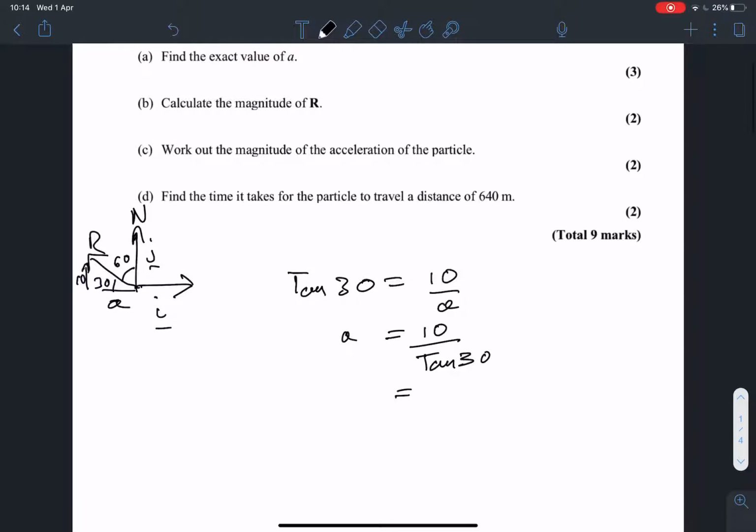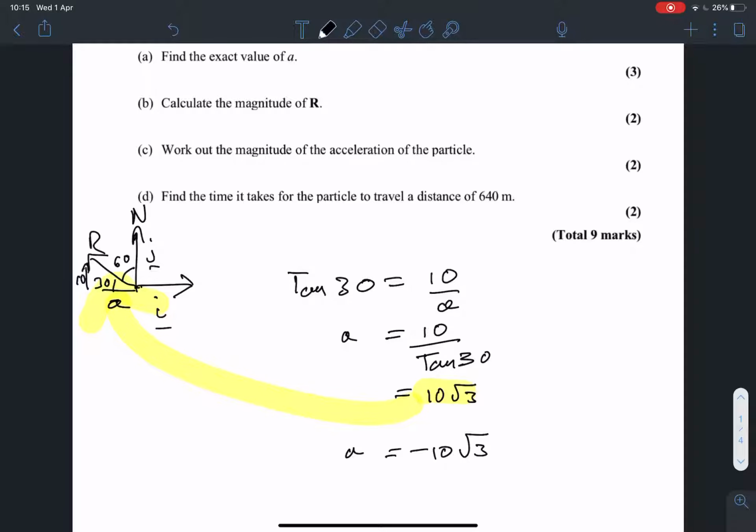And tan of 30 is 1 over root 3, so A is 10 root 3. But the key thing, if we look back at the diagram, A is actually in the negative direction. So A is equal to negative 10 root 3.